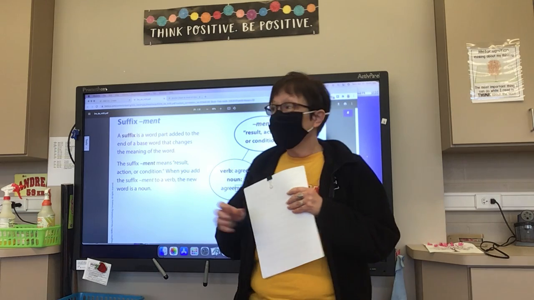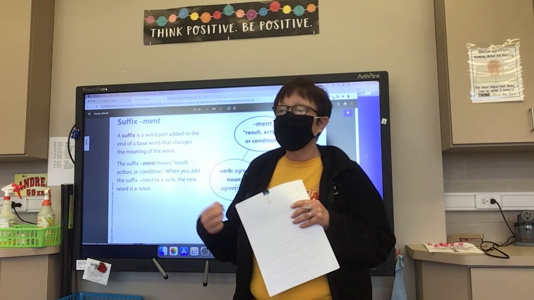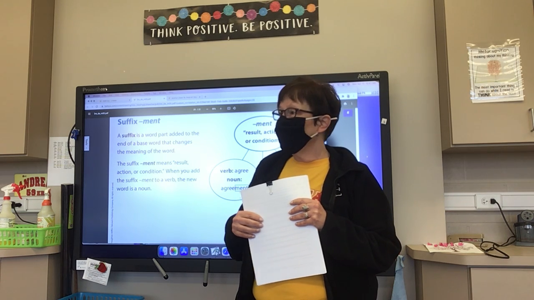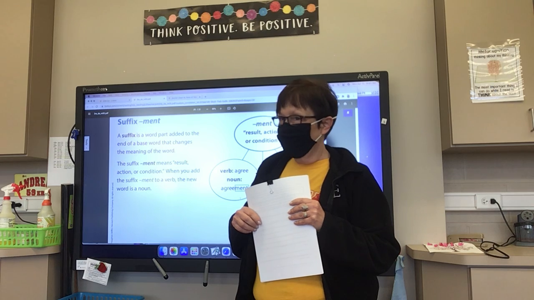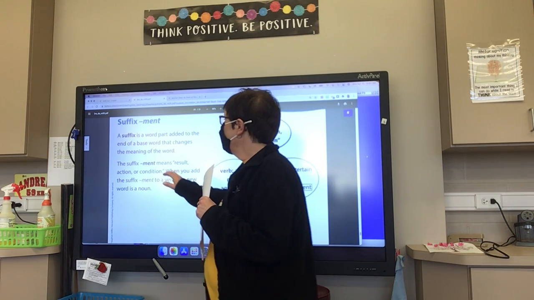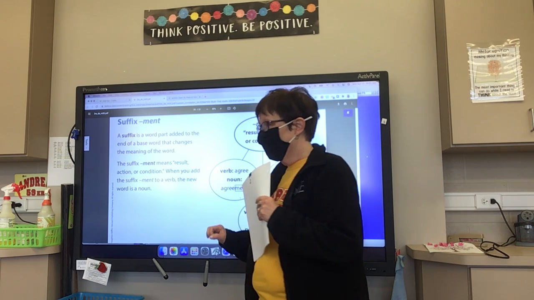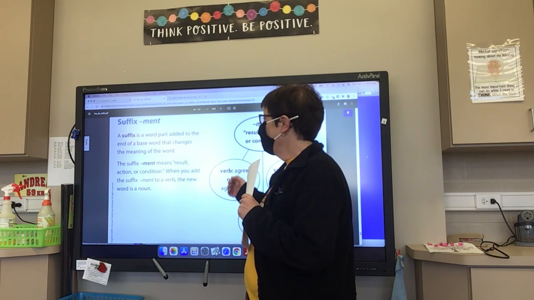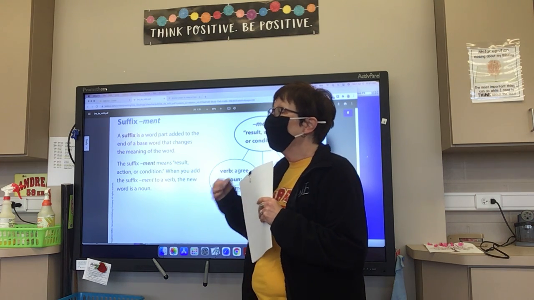Now, ment is a very common word ending. It's added to a lot of words, like disagreement. It means the result, action, or condition. When you add ment to a verb, you change the word into a noun.